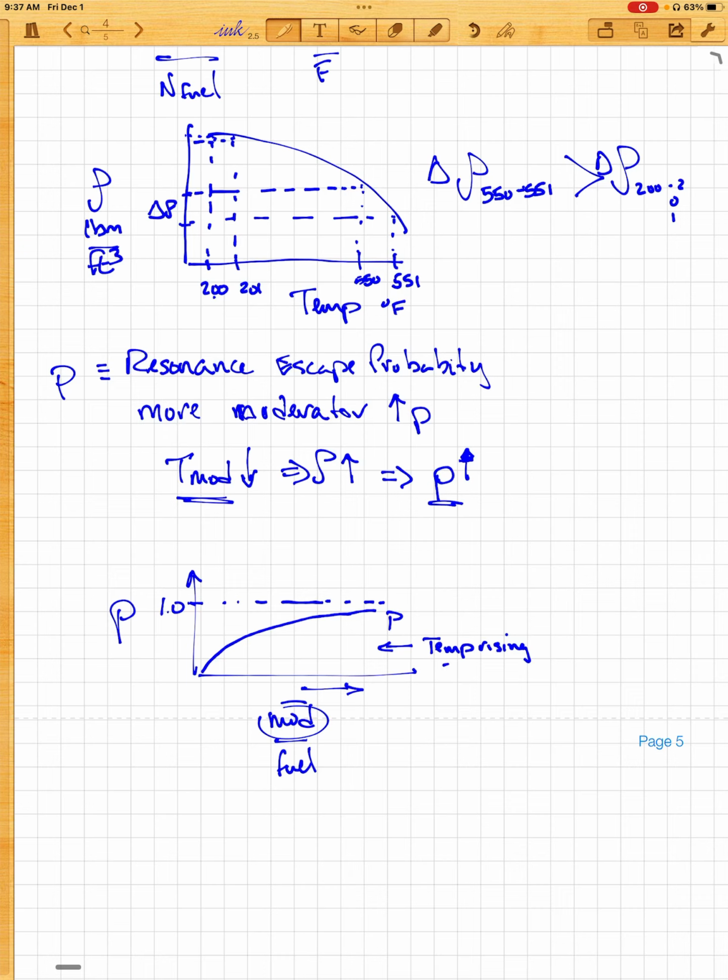But the rising temperature will go this way. So moderator temperature going this way will result in P getting lower and lower. Cold moderator, hot moderator. And that changes the density, changes the moderator to fuel ratio.